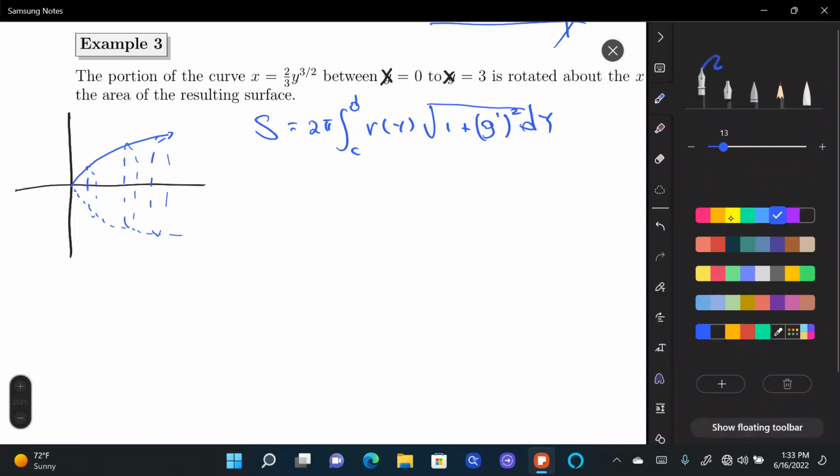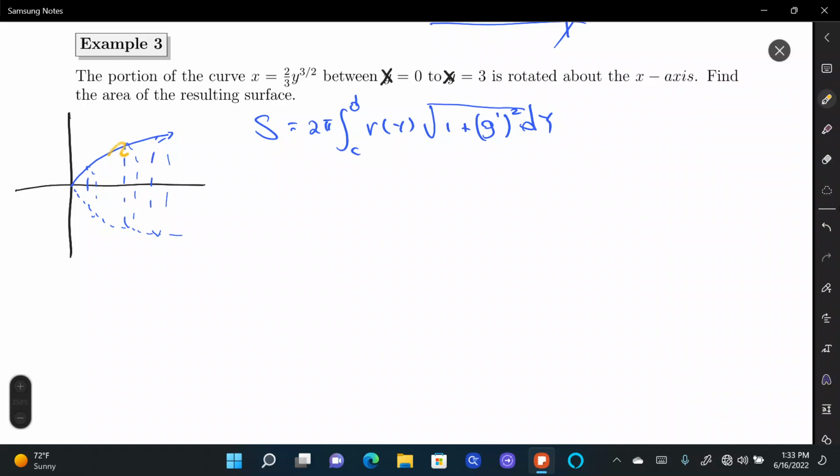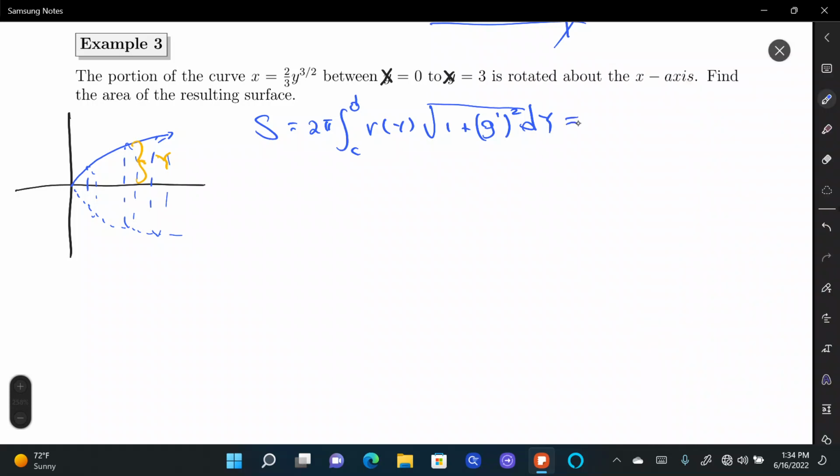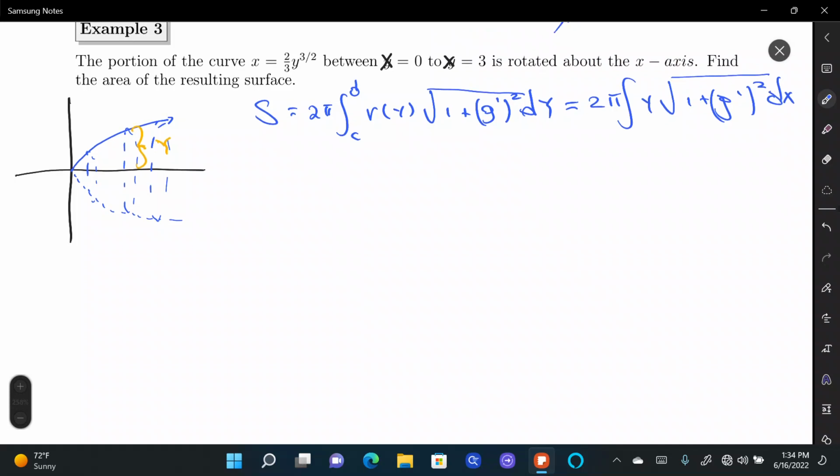In other words, this is in the form of y units, right? So we will replace this r of y with simply y. So 2 pi integral of y times square root of 1 plus g prime squared dy.